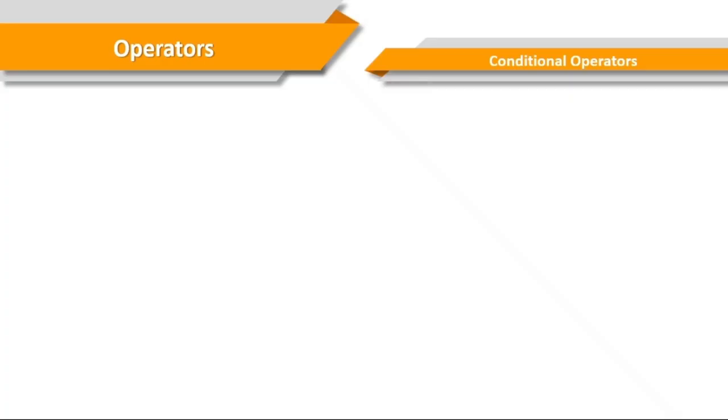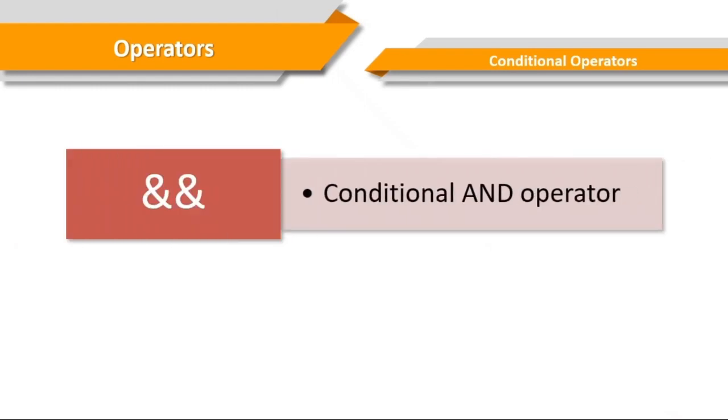Now it's time to talk about the conditional operator. So conditional operators are used, of course, for checking multiple conditions together. So let's try to understand conditional operators and how they function in Kotlin. So the conditional and operator.